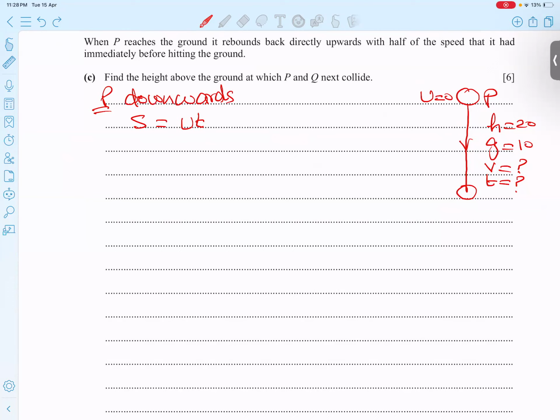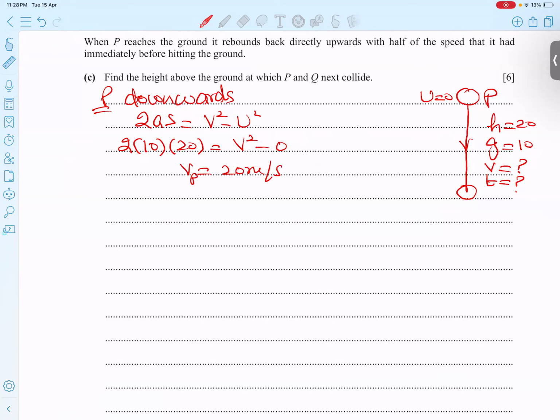The last velocity, yes, we can find it easily, because the formula is 2AS equals V squared minus U squared. 2 times plus 10, S is 20 meters, the last velocity is V, and U is 0. So this is 200 into 2, 400, and root 400 gives you 20 meters per second.